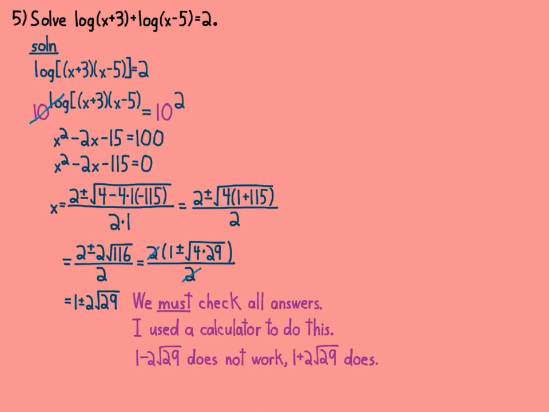And the minus one doesn't work and the plus one does. The minus one will actually give you an error because it's going to give you a log of a negative. Actually, both the logs are negative. Both the arguments of the logs are negative if you use the first one there, the one with the minus.